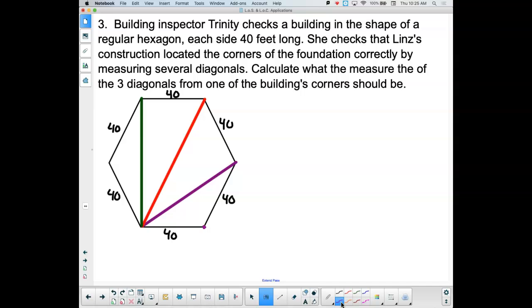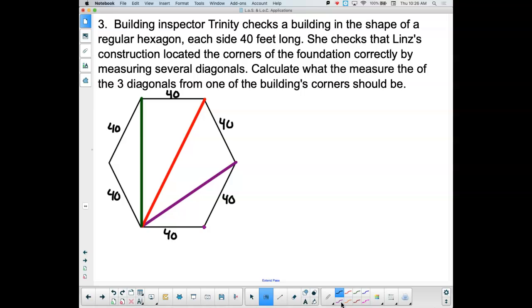It is not 540, that's a pentagon. Nope. 720? How? How is it 720? So there's four triangles, right?